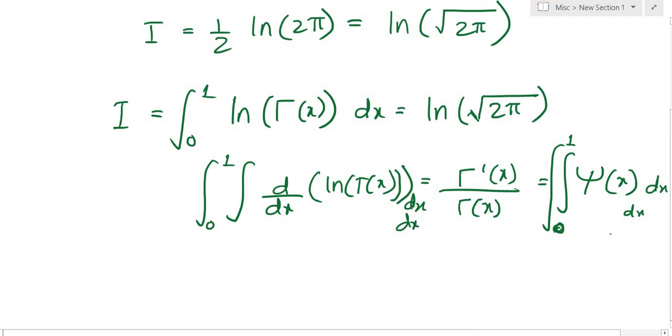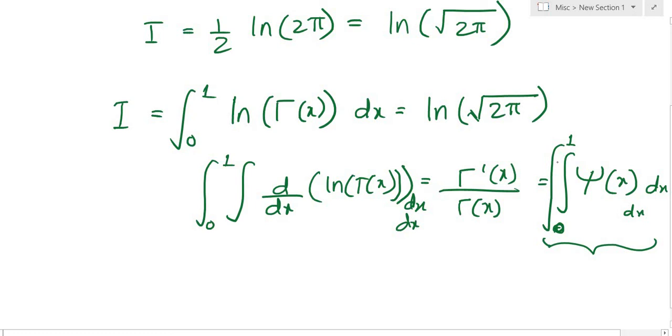I mean, if you can show somehow that the double integral of this digamma function, first just the regular antiderivative and then a definite integral from 0 to 1 of the antiderivative of the digamma of x with respect to x, will yield the natural log of square root of 2 pi, I would probably best prefer leaving that as an exercise to the viewers.